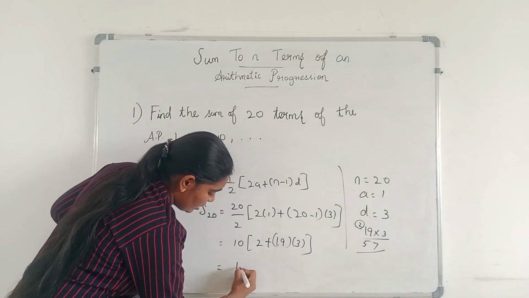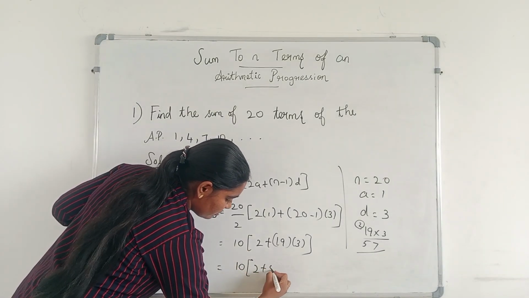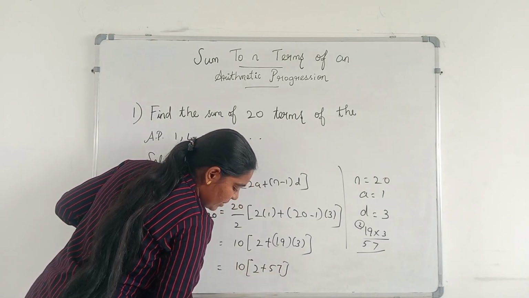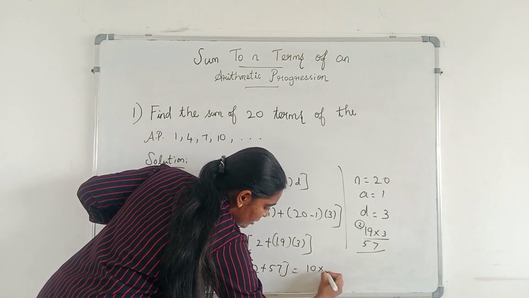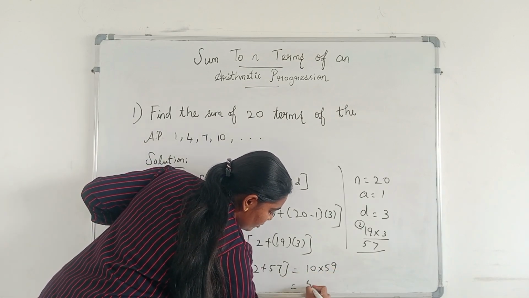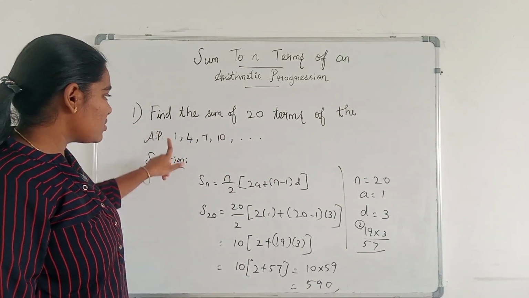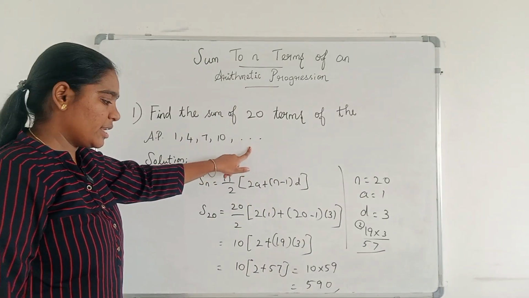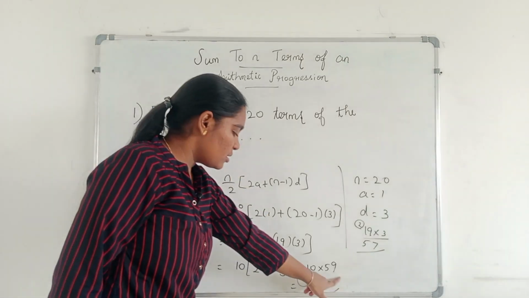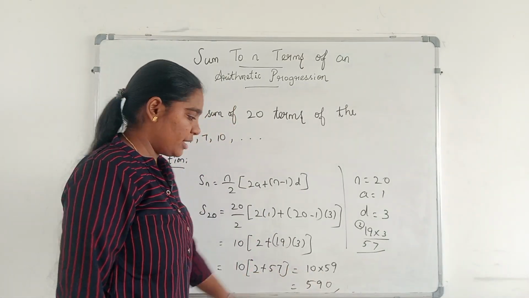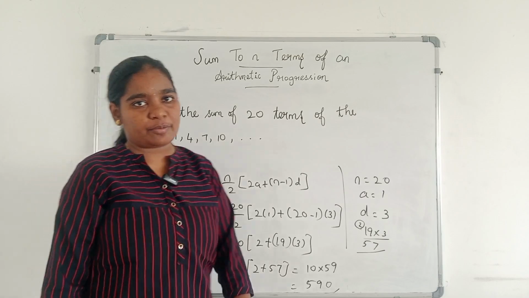So, 10 into 2 plus 57. 57 plus 2, 59. So, 10 into 59 will give you 590. So, sum of 20 terms of this given arithmetic sequence is 590.